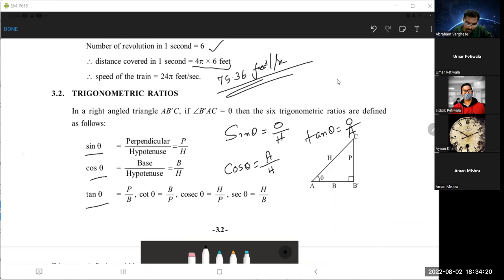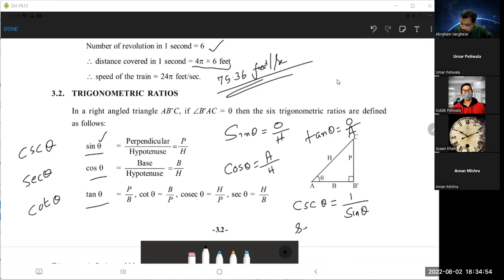Then you have cosecant theta, csc theta, sec theta, and cot theta. Cosecant theta is the reciprocal of sin theta, that means h divided by o. Sec theta is the reciprocal of cos theta, that is h divided by a, and cot theta is the reciprocal of tan theta. And we have these relations also. Cosecant theta is equal to 1 over sin theta, because they are reciprocal to each other.